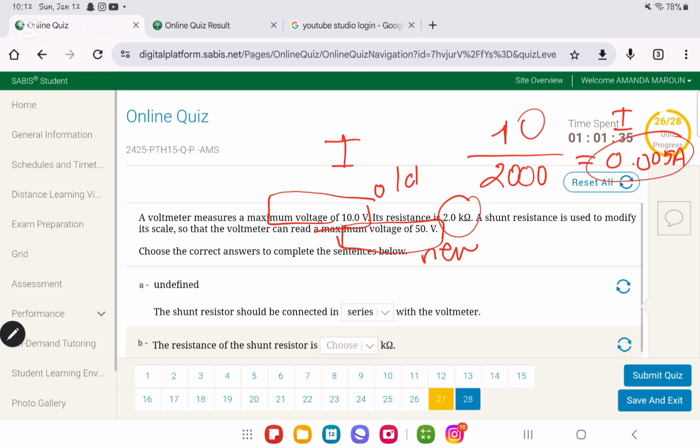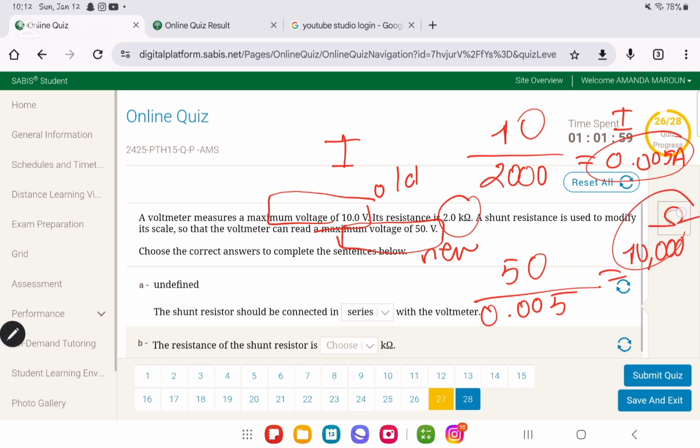Okay, so now we need to calculate the new resistance. To calculate it, we take the new voltage, which is 50, divided by the current, which is 0.005. So on the calculator, 50 divided by 0.005 is 10,000 ohm.